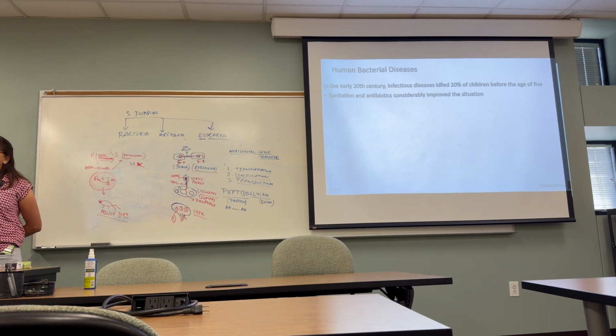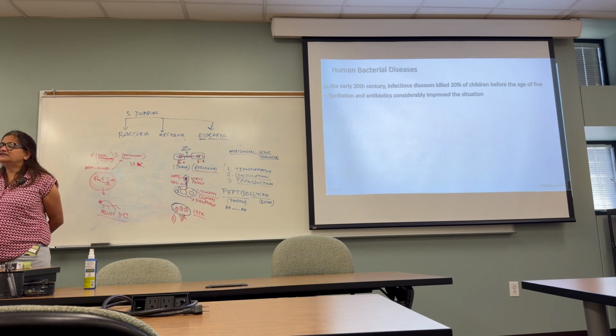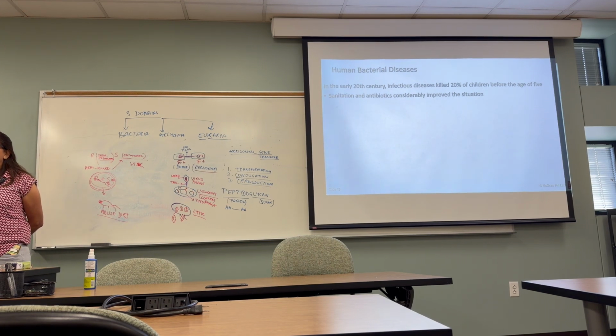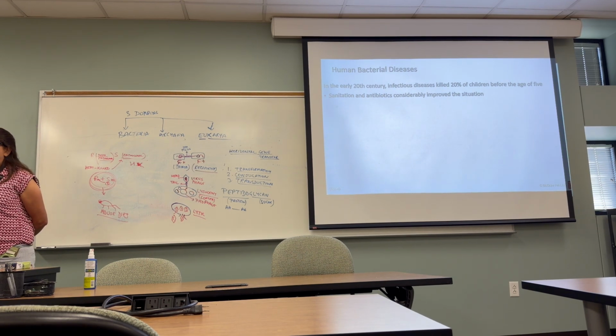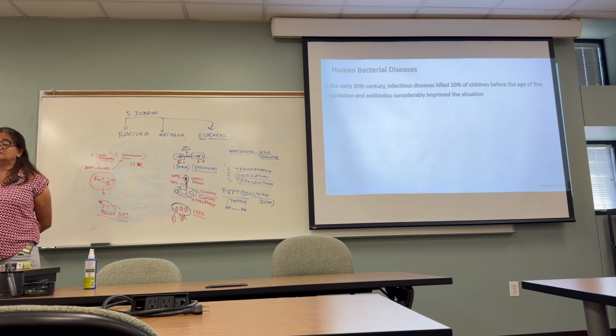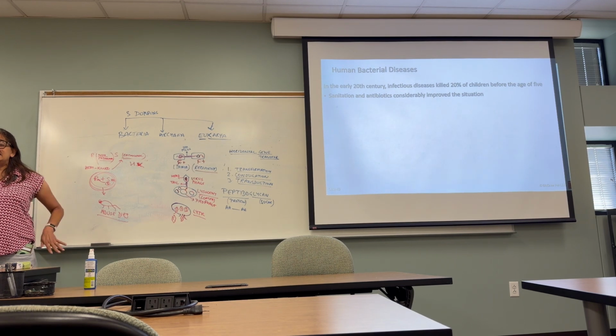So when we talk about pathogens, we know that in the early 20th century there were a lot of infectious diseases present, and 20% of the children were getting killed before the age of 5, because we did not have much sanitation processes, hygiene, cleaning hands, sanitizing.